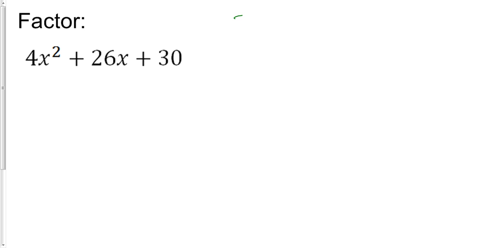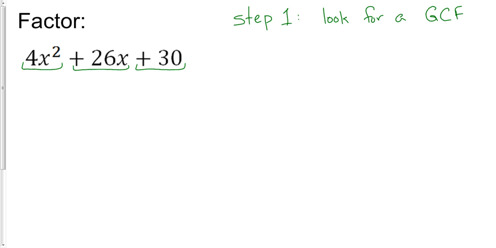Step 1, every time you factor a trinomial, is you look for a GCF. So in other words, I look at my trinomial. I've got 3 terms. What can I divide each of those terms by? Well, I can divide them all by 2.